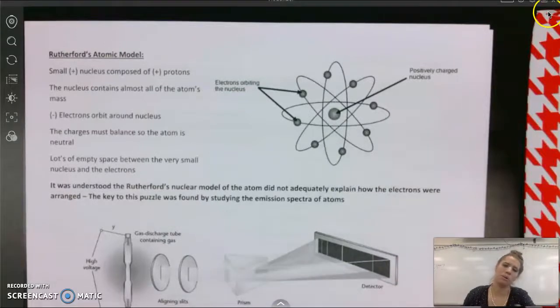So that's what must be holding the electrons around the nucleus. Okay? This is a great idea. It was amazing that we were developing this technology that we could further our idea of what an atom looks like. We're still doing that today.